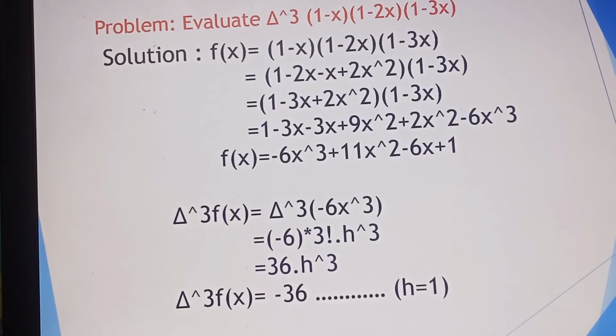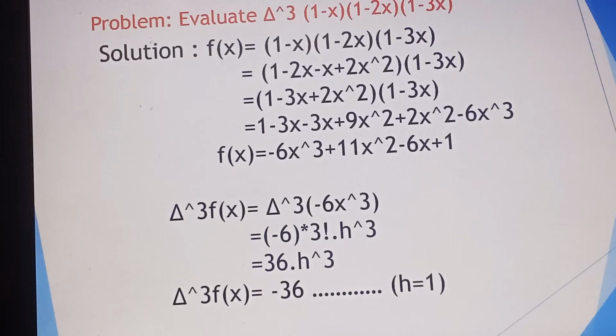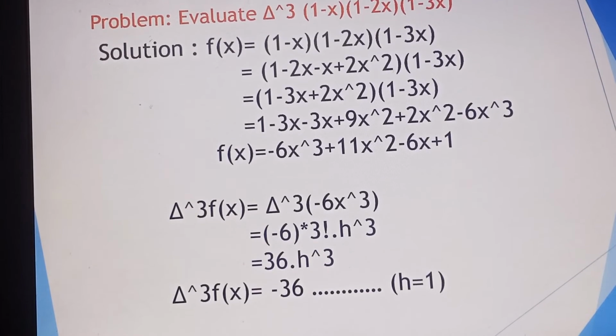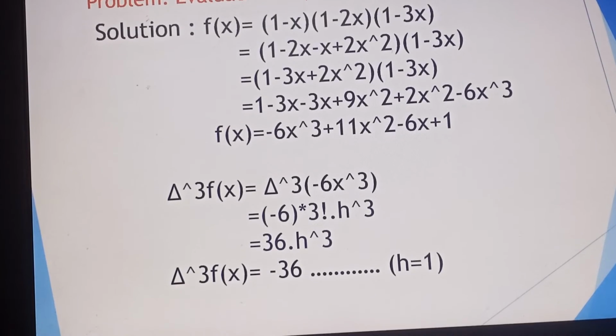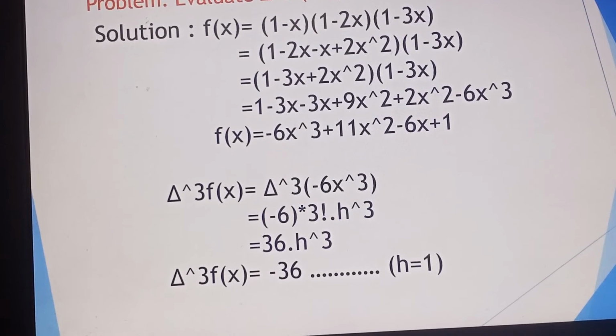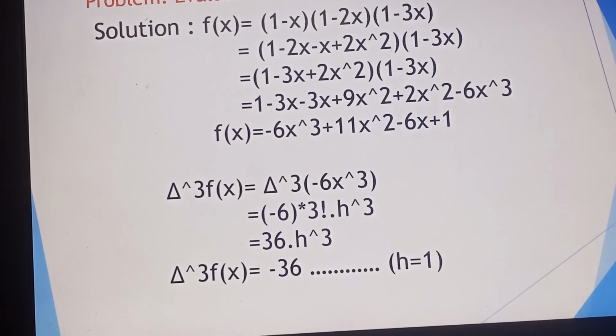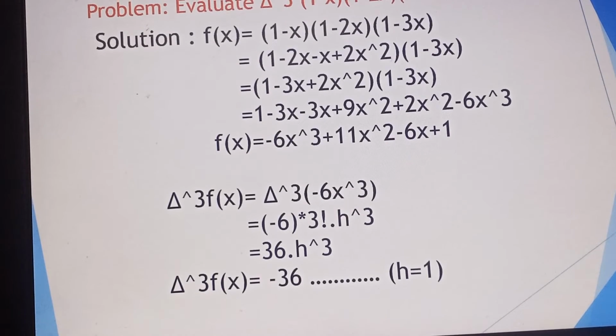Then we solve it. 1 minus 2x minus x plus 2x raised to 2, into 1 minus 3x, equal to 1 minus 3x plus 2x square into 1 minus 3x. Then multiply the above equations.